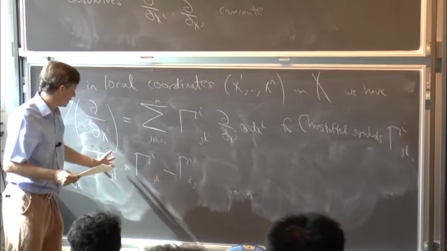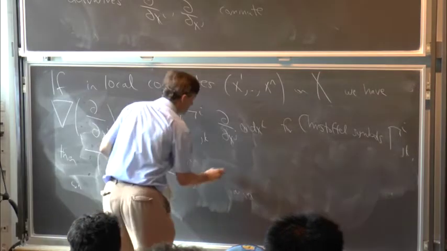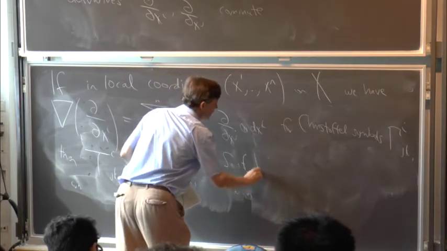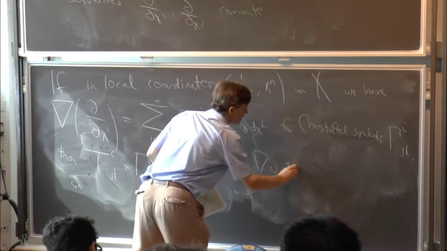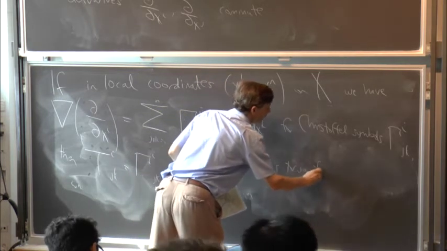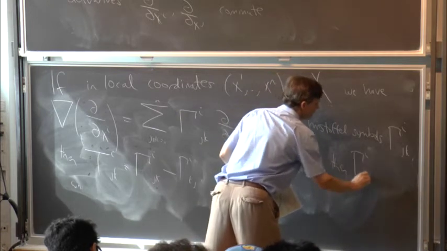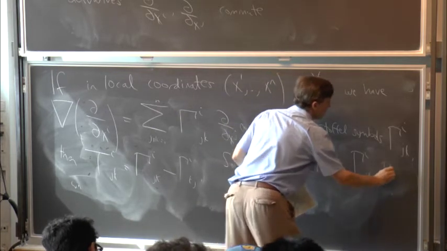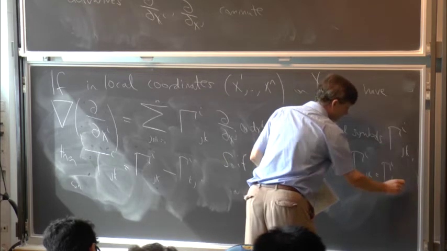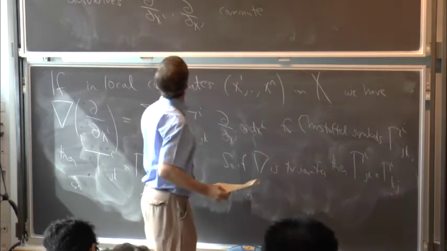So if nabla is torsion free, then Gamma^i_jk is Gamma^i_kj. It's symmetric in the bottom two indices.